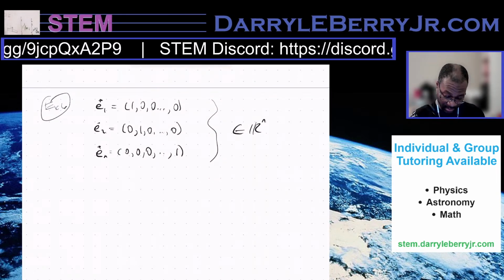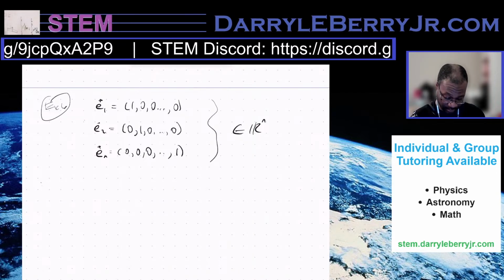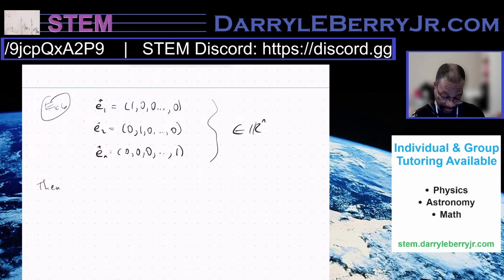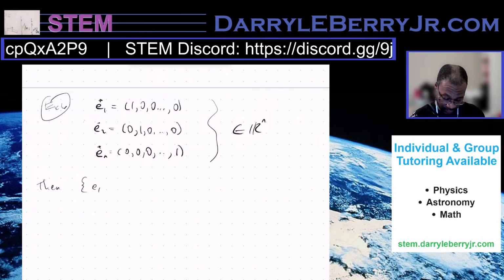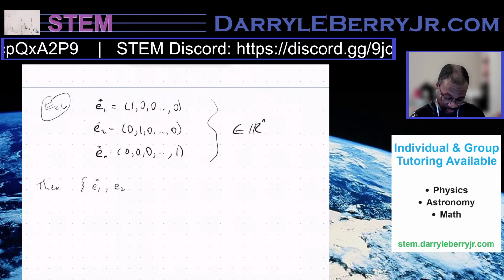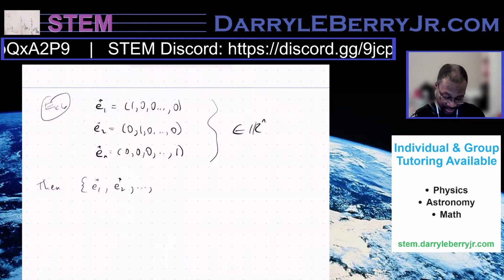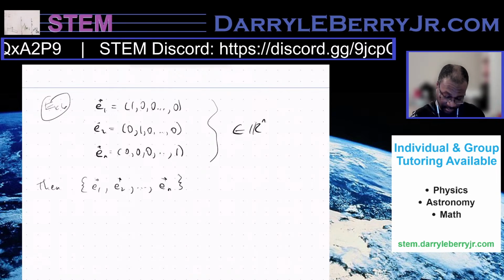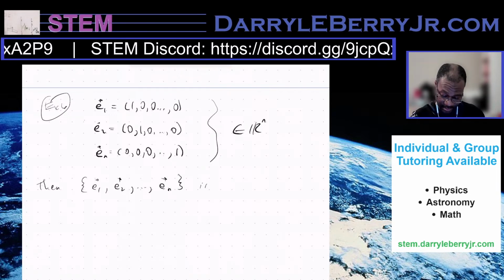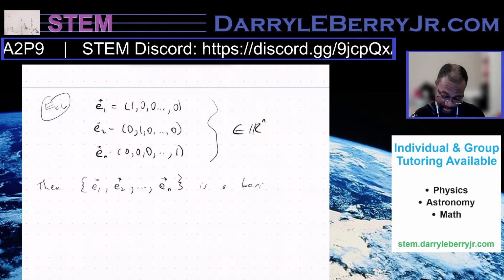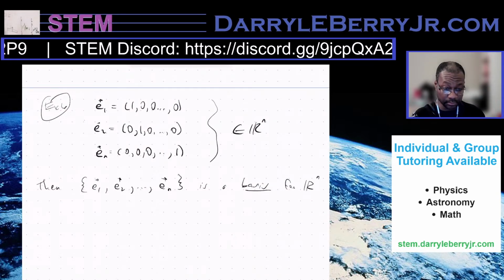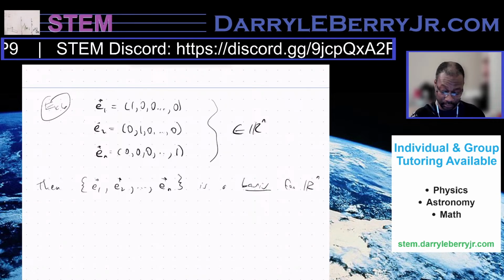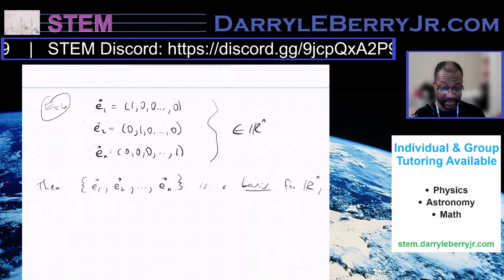Then we can say that the set E1, E2, through En is a basis for Rn, called the standard basis.